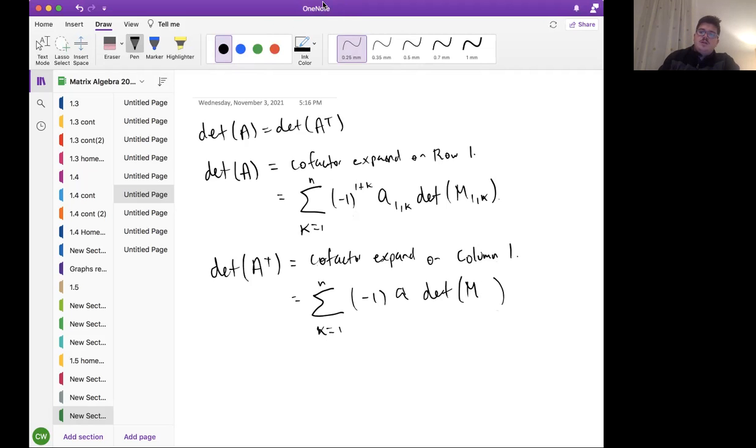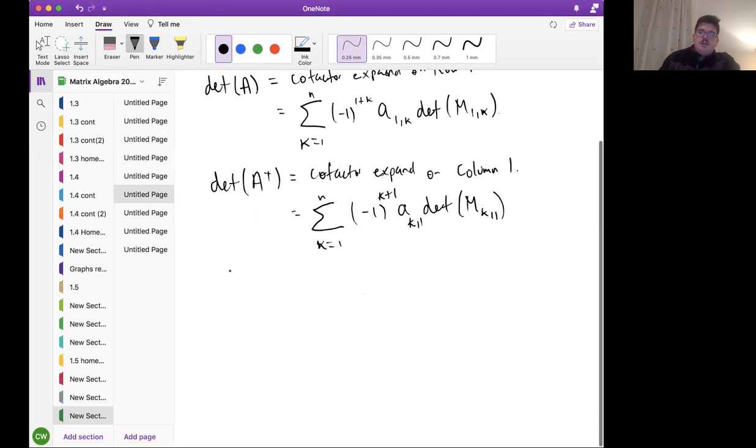Okay, k plus 1. And what's the coordinates? K1, yeah.